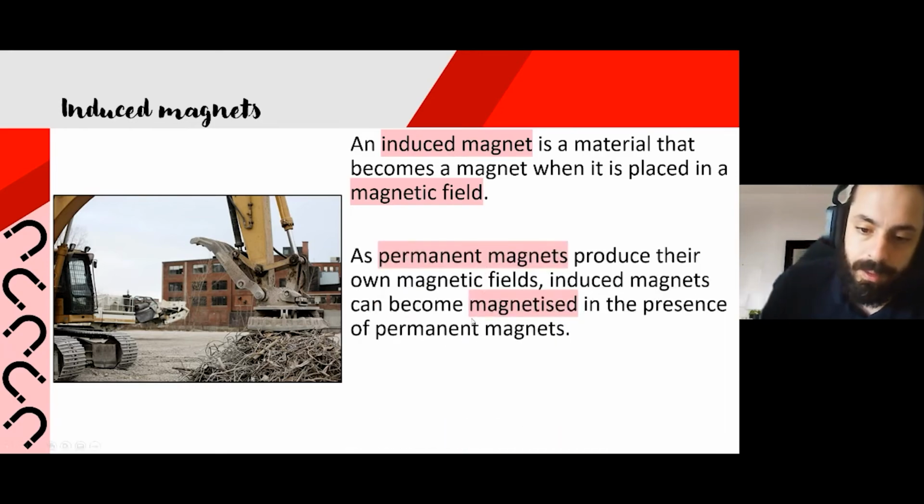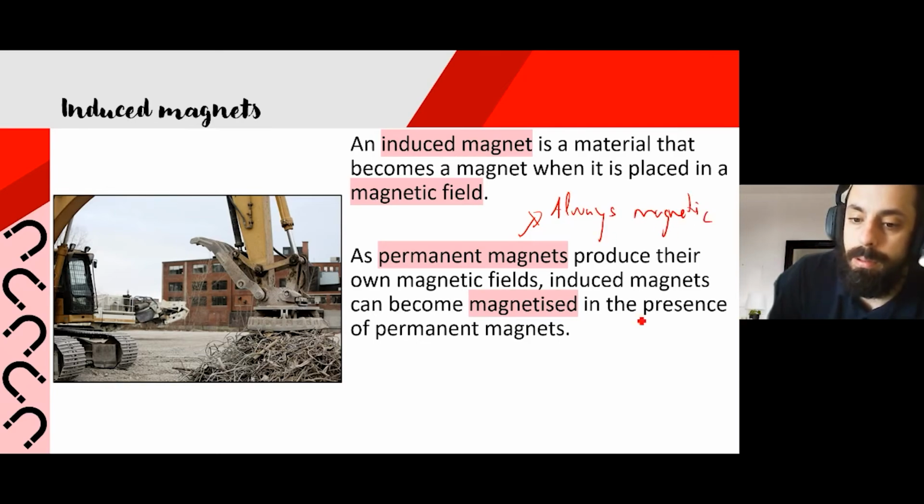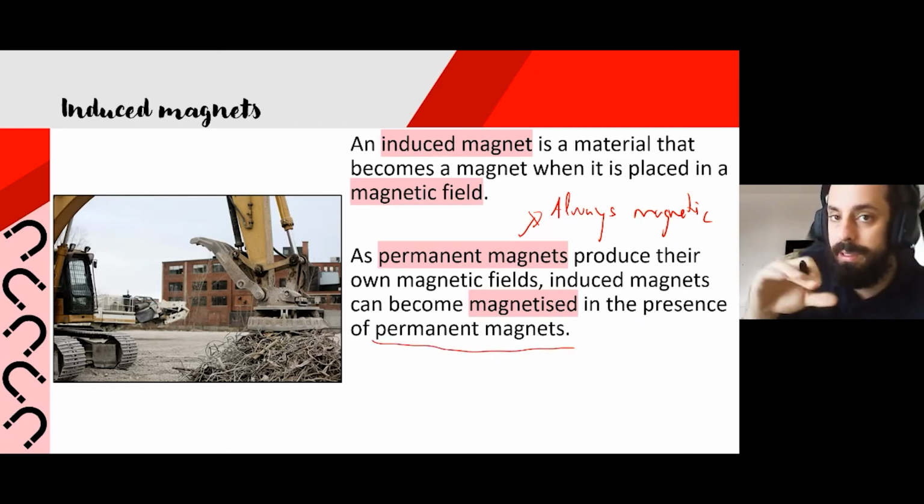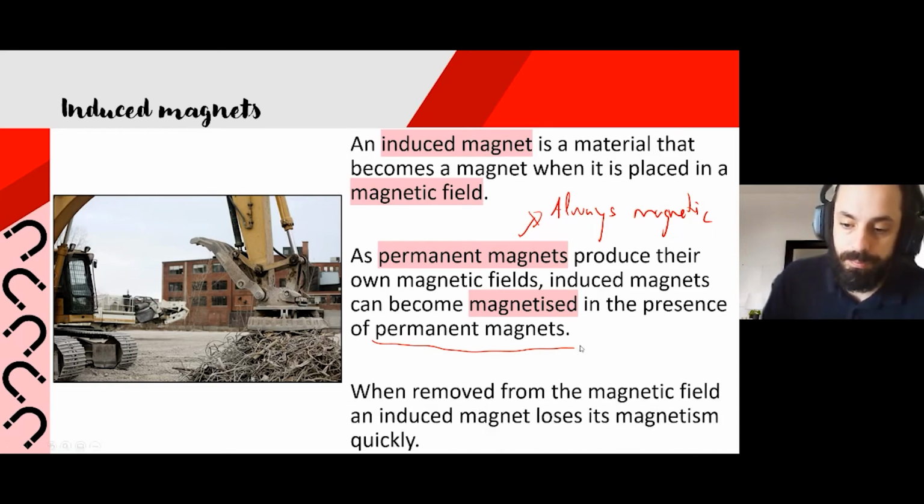Okay, so permanent magnets are, as I said, always magnetic. But induced magnets can become magnetized when they are near a permanent magnet. If you take them away, they will not be magnetic anymore. Sorry, they will not be magnets anymore.